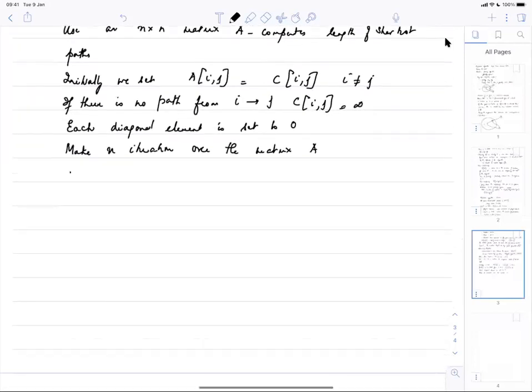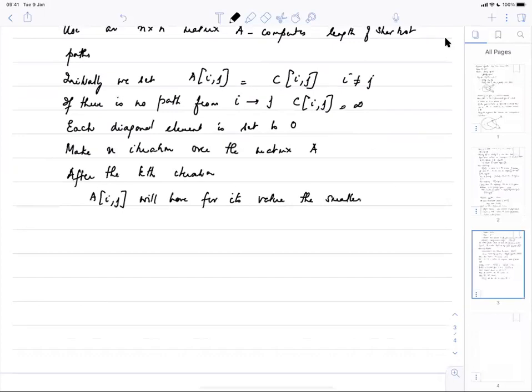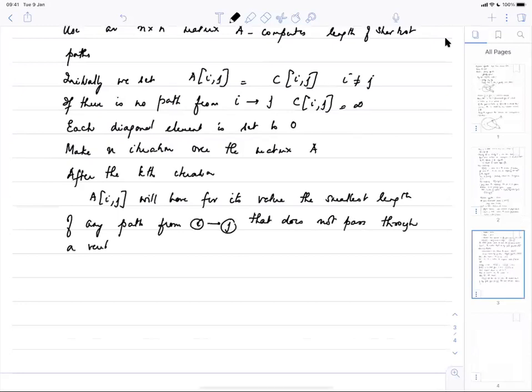After the kth iteration, the idea of this algorithm is primarily this: A of ij will have for its value the smallest length of any path from i to j that does not pass through a vertex numbered higher than k.